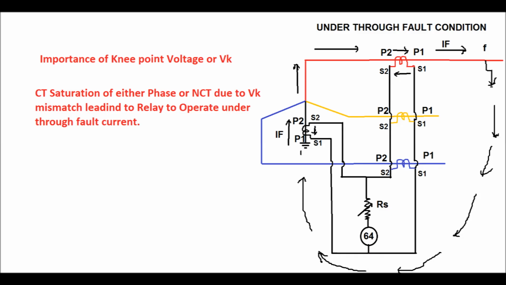So there will be a mismatch of current in the secondary circuit, which leads to maloperation of the relay. In order to avoid this maloperation, a stabilizing resistance is used in series with the relay.